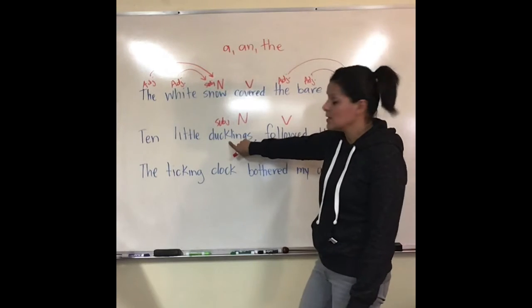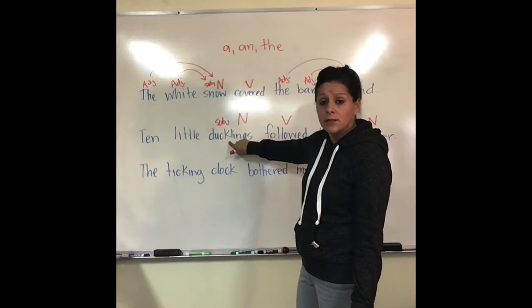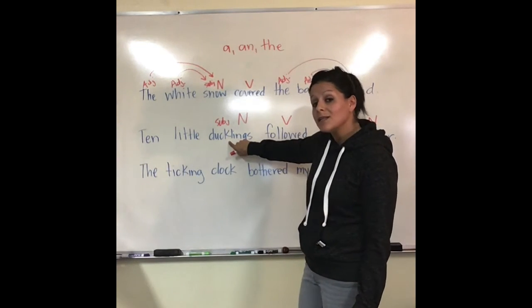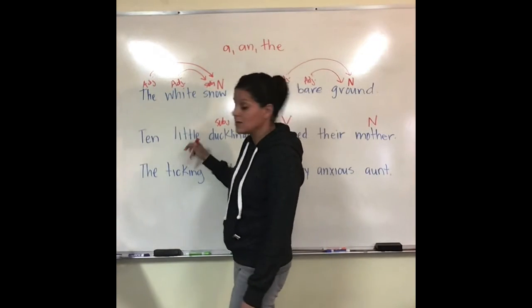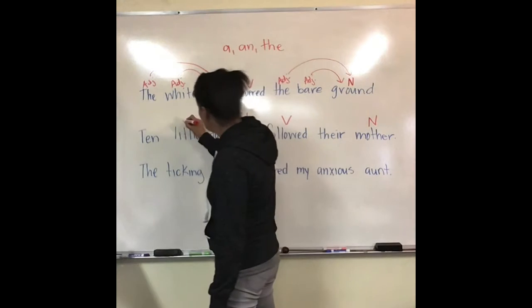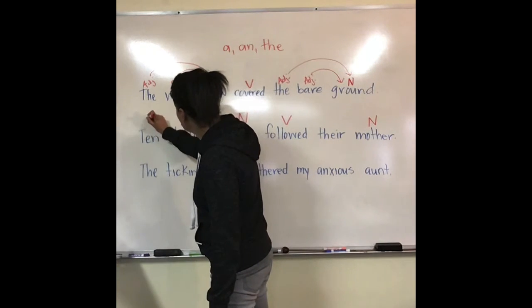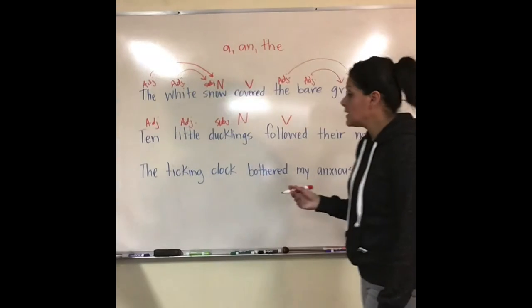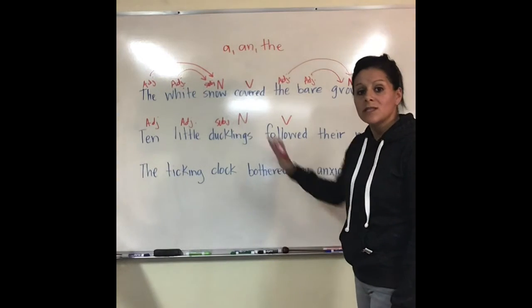So we're going to look at ducklings. Ready? Ducklings. What kind of ducklings? No. Which ducklings? No. How many ducklings? Ooh, ten. Oh, I missed one. It is what kind of ducklings? Little. Little ducklings and how many ducklings? Okay. Does it answer how much ducklings? No. Does it answer whose ducklings? No. So we can just leave it with those two.